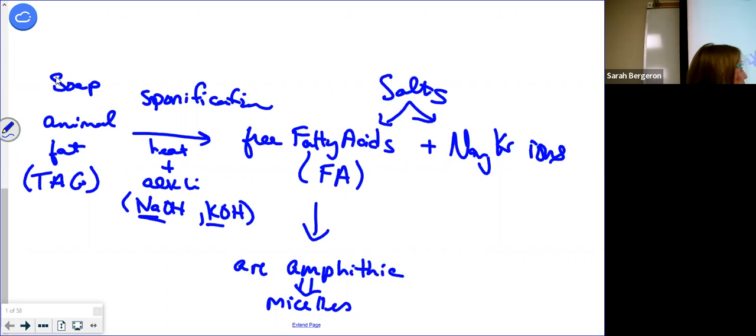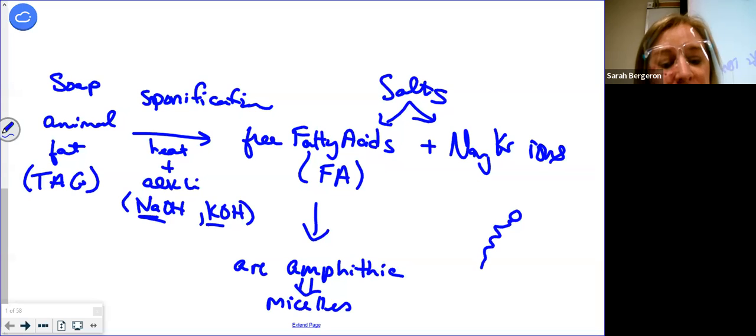But what happens if we have free fatty acids inside of the cell? Why is that not good? If I just told you a micelle forms when you wash, what ends up in the middle of the micelle? Anything that's very non-polar, right?